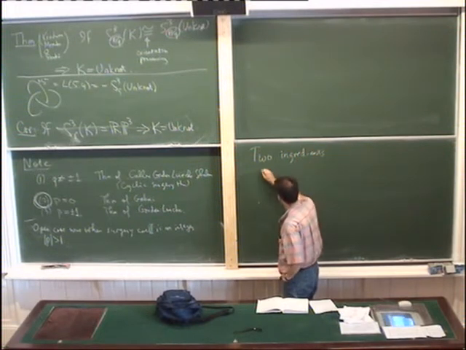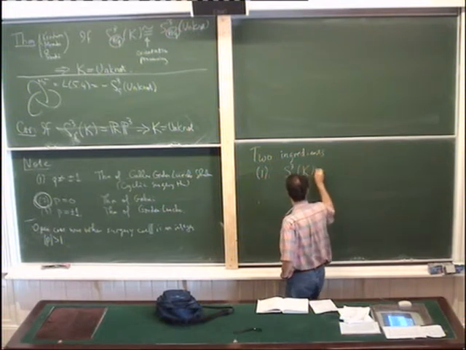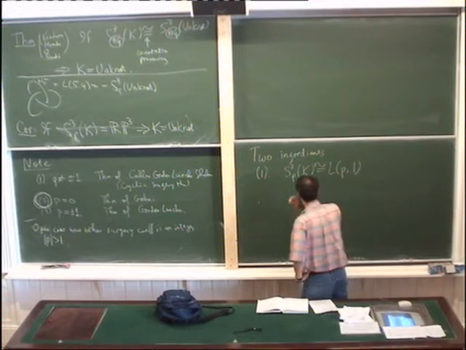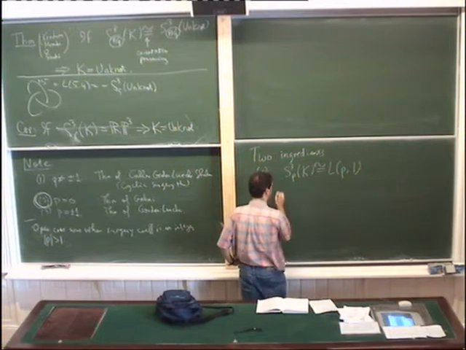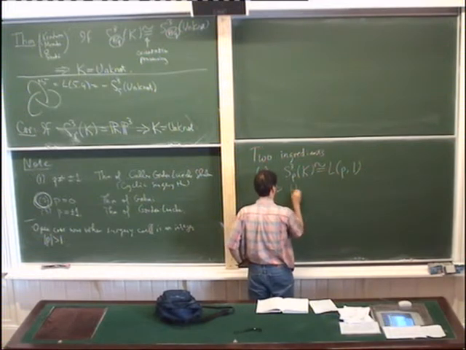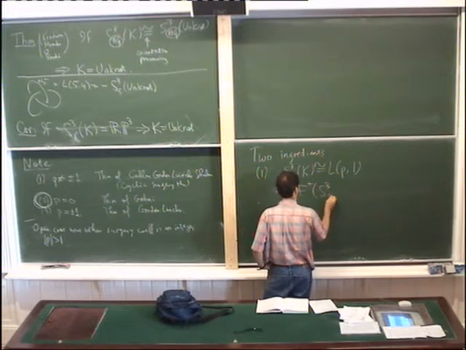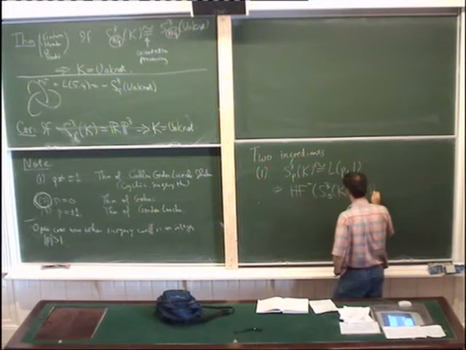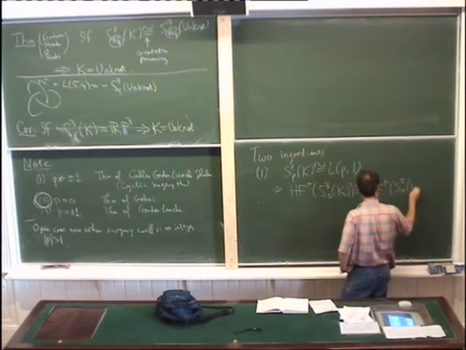And the first one is to show that if S^3_p(K) is L(p,1), so I'm going to talk now about the integer case, if S^3_p(K) is L(p,1), then the Floer homology HF^+ of S^3_0(K) is the same thing as the Floer homology of S^3_0 of the unknot.